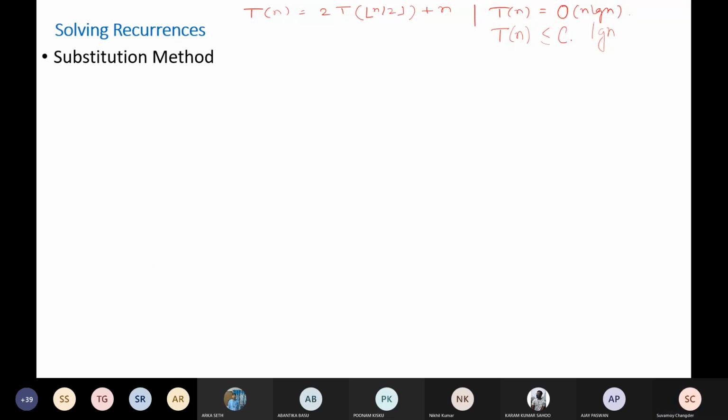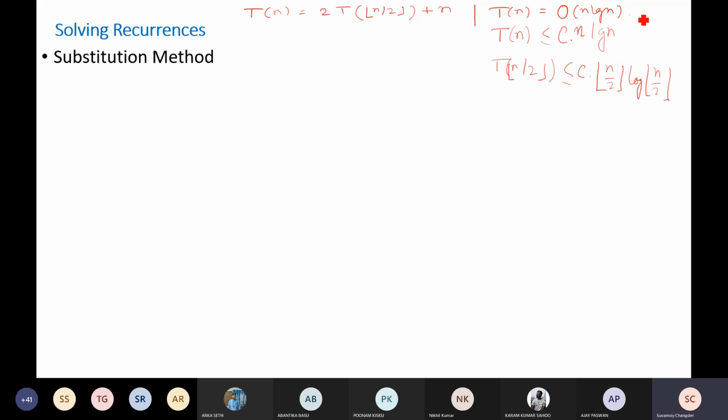So this is n log n. From the definition we can write Tn equals this. Therefore, T of floor of n by 2 can be written as C into n by 2 log of n by 2.